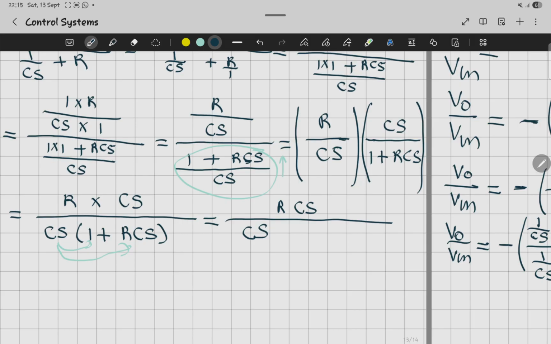So it's gonna give you RCS plus RC squared S squared. Okay, and if you don't want to do all of this, there's a way for you to simplify them. I didn't see it, so there's actually a way for us not to get this far. You can actually simplify them.